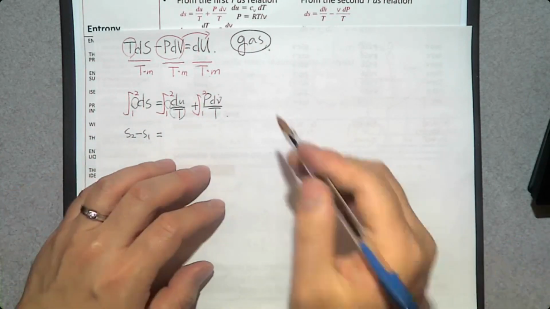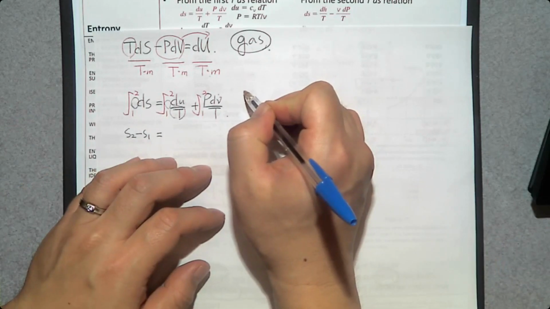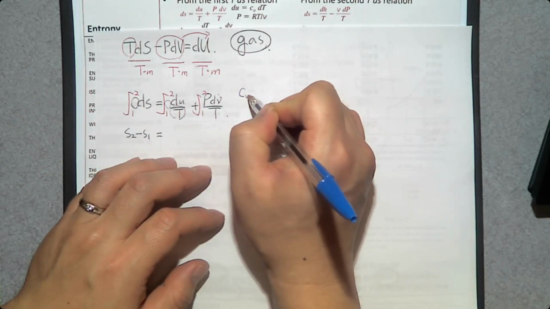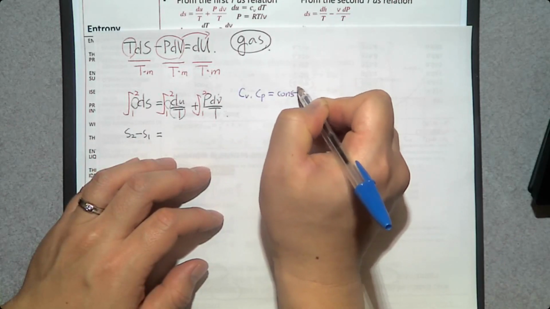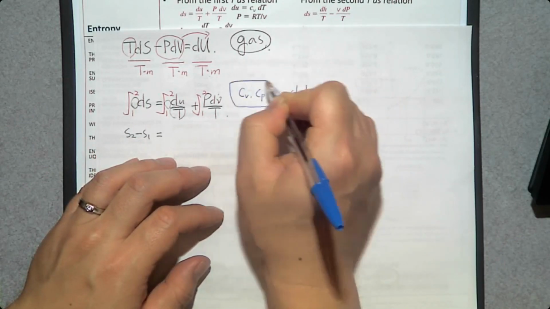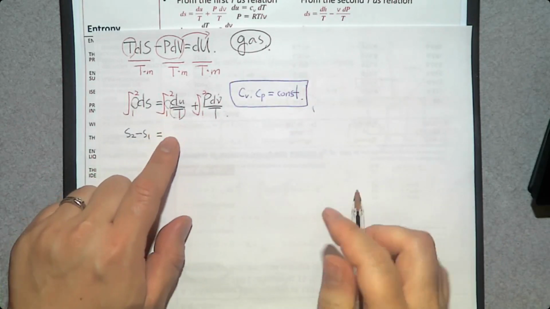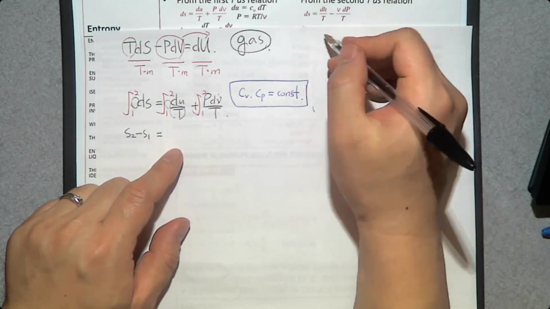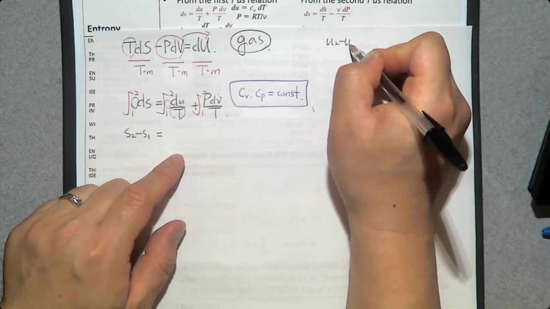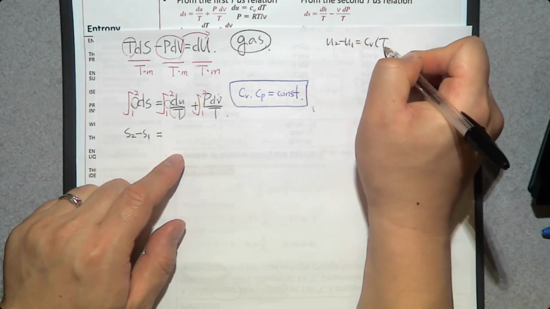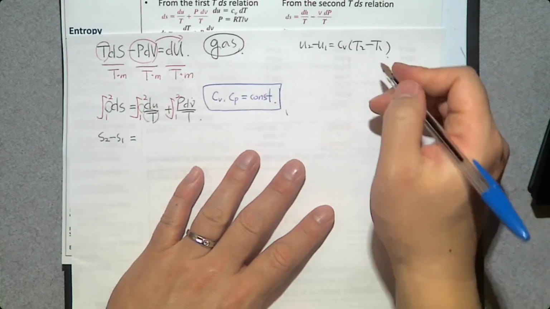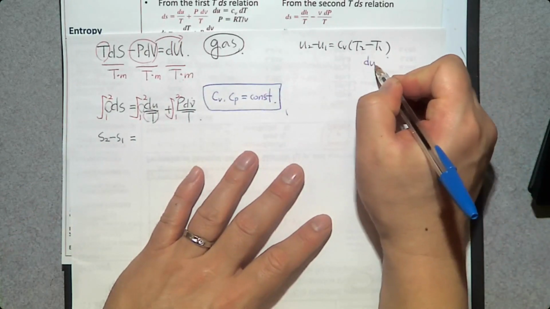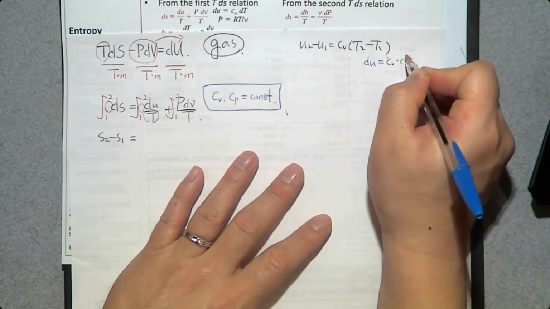I'm going to make an assumption that the specific heats, CV and CP, are constant. Then we know U2 minus U1 is CV times T2 minus T1 from chapter 3. So this equation can be written as du is CV dT.